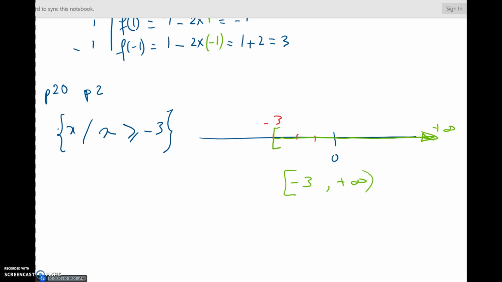Let me give you another example, because right now you see that x greater than or equal to looks like it goes the same direction as the arrow right here. Most of the time students are confused and do it very quickly: oh, I'm going this way, so my arrow is going this way. But remember that x greater than or equal to negative 3 can also be written this way.